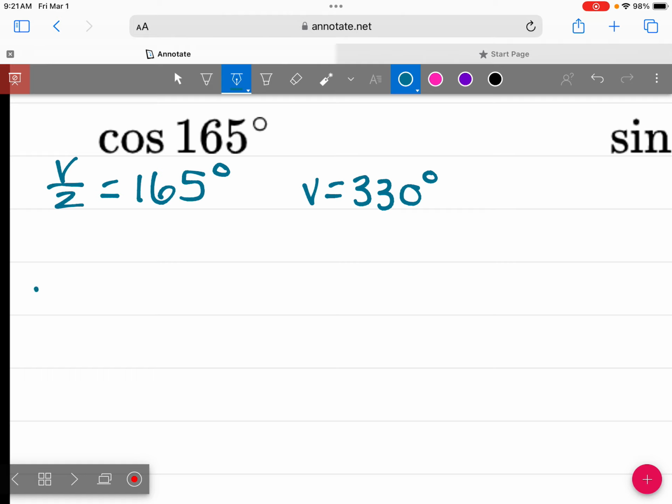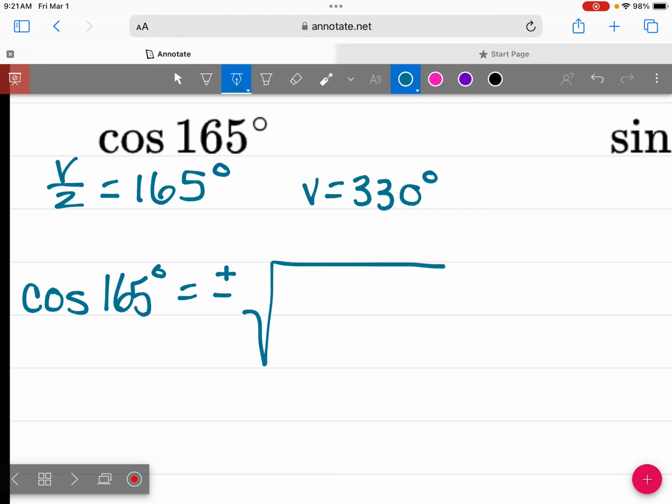Using our half angle formula, the cosine of 165 degrees, that's our V over 2, is going to be plus or minus the square root of 1 plus the cosine of 330 over 2.